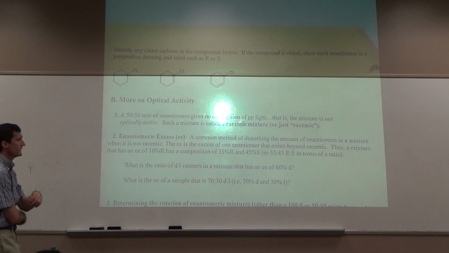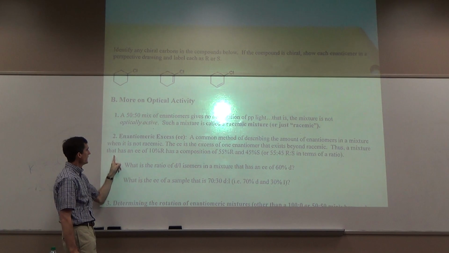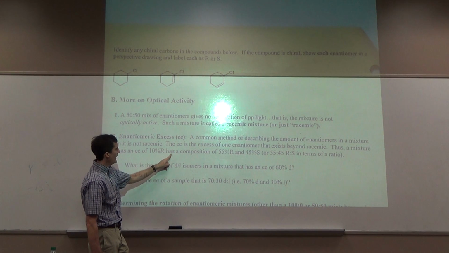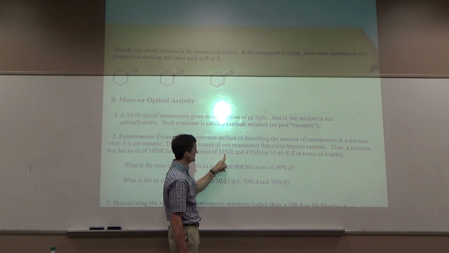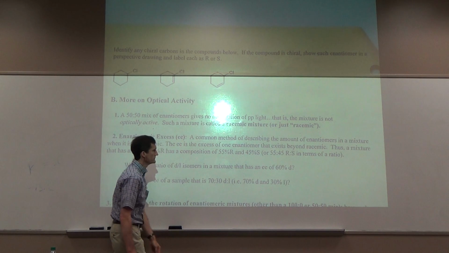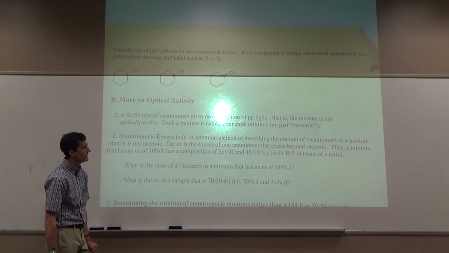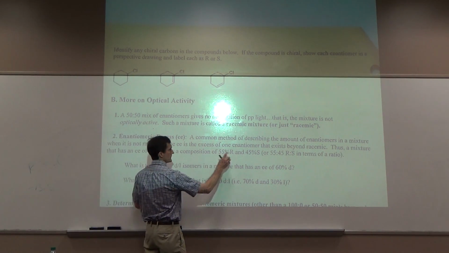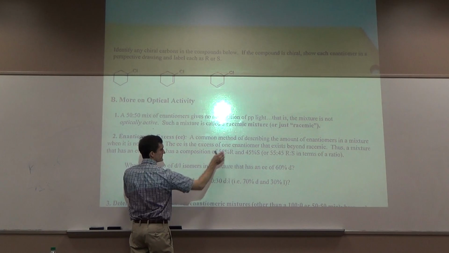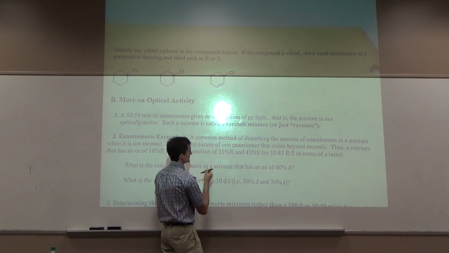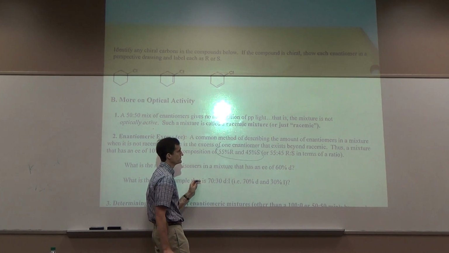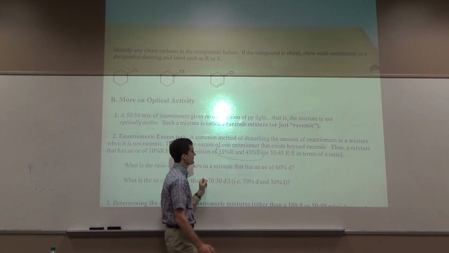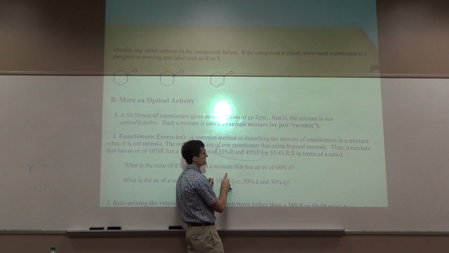Let me try to explain. Thus, a mixture that has an EE of 10% R has a composition of 55% R, 45% S. You've got to understand where these two come from. It might be easier to go the other way first. If this was your ratio, the EE is 10%. This is the way I present it.